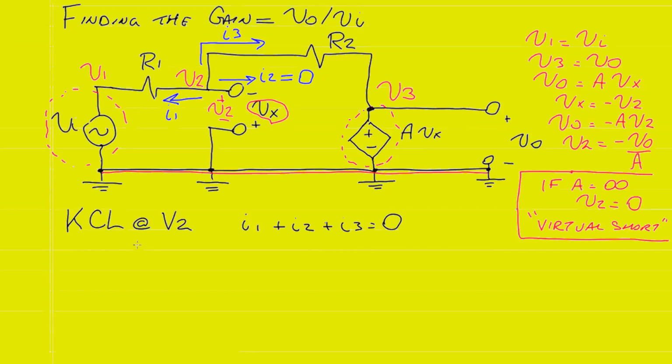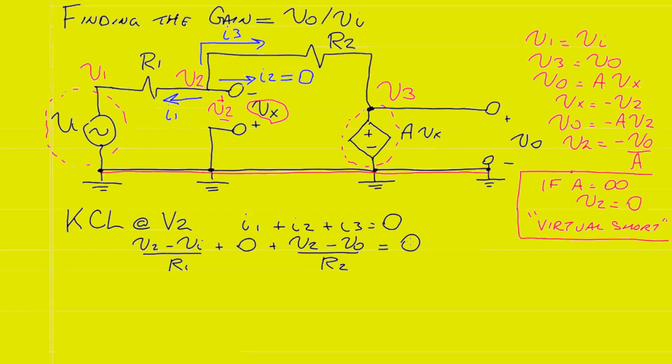We can now replace I1 with V2 minus our input voltage VI divided by R1, plus I2, which we know is 0, plus I3, which is the current that flows from V2 to our output, V2 minus Vout divided by R2, equals 0.